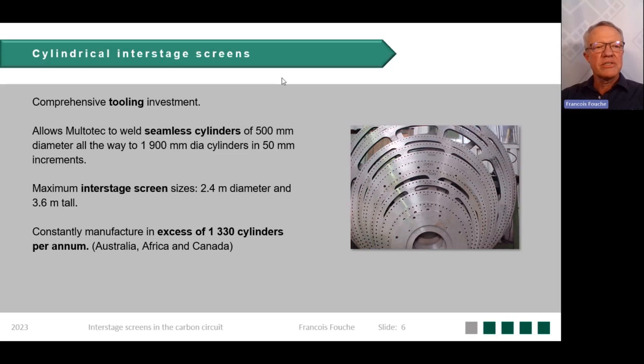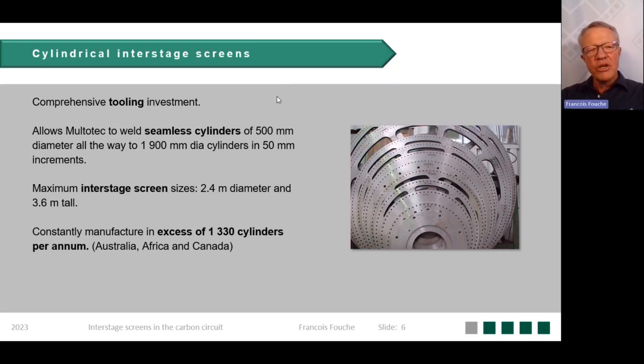Just as a matter of interest, the maximum size of interstage screen that we supply measures 2.4 meters in diameter by 3.6 meters tall. This cylinder goes to a gold plant in Canada.